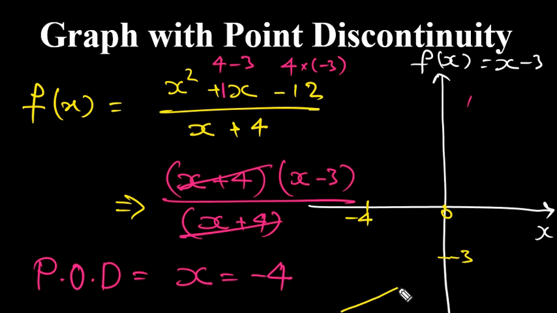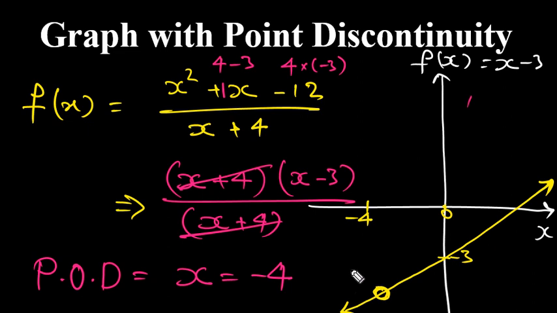The graph will look like something. Okay, so that's how it will look, and there is a discontinuity, so there will be a hole here at -4. So that's how the graph will look.